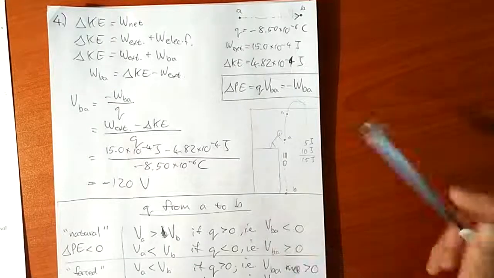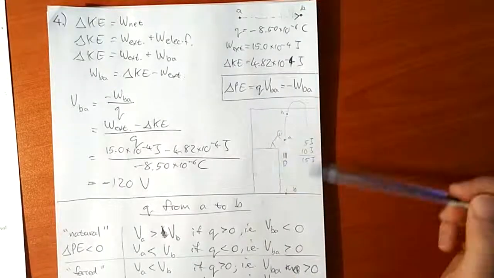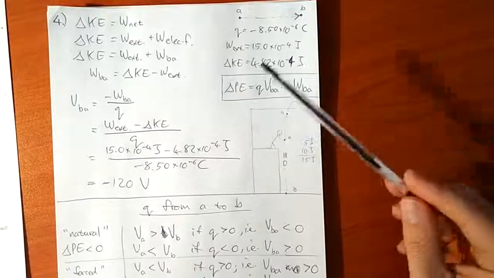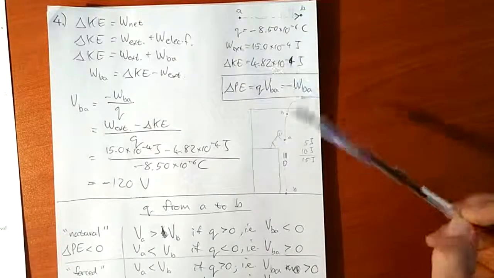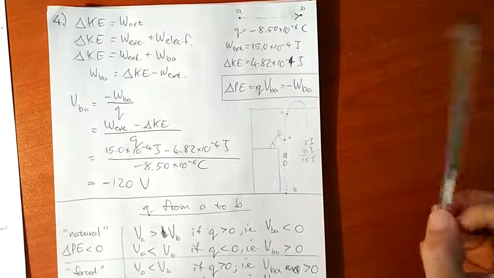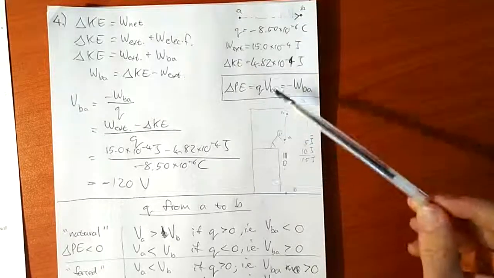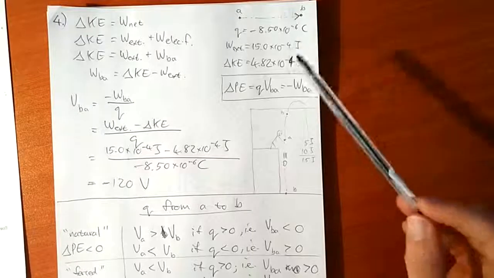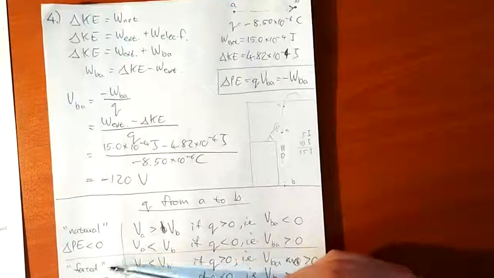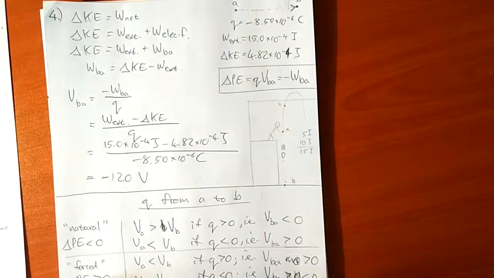So this would be a way to visualize it: for a particle starting at rest, work being more than the change in kinetic energy amounts to it not going in a natural direction, but going in a forced direction, per our definition, in which the potential energy is increasing.